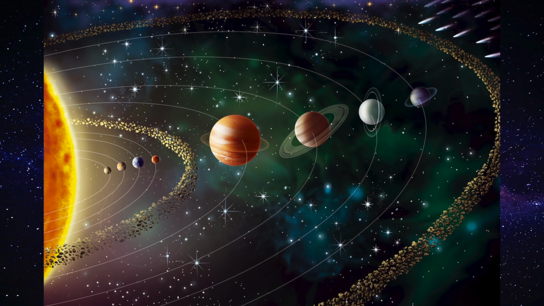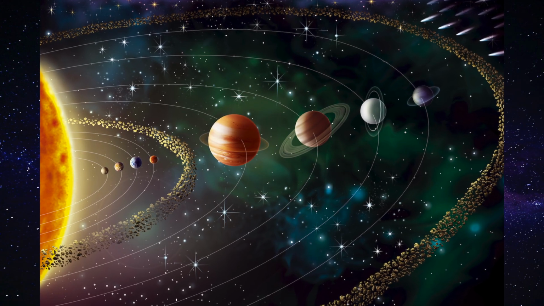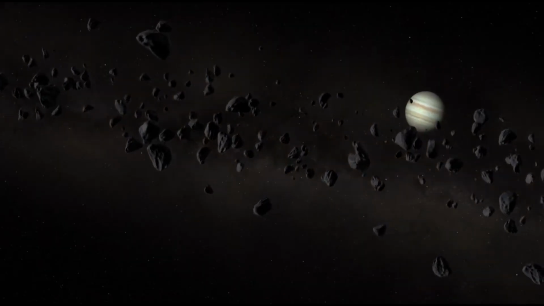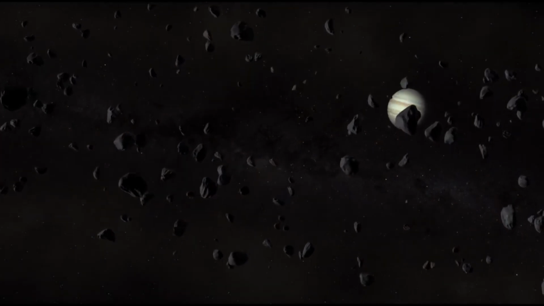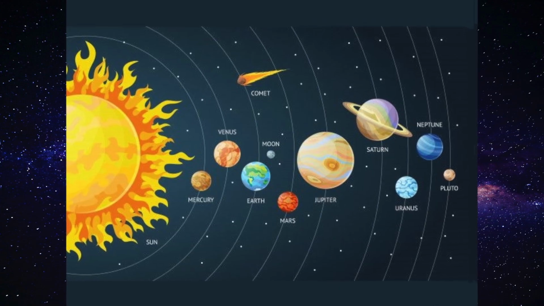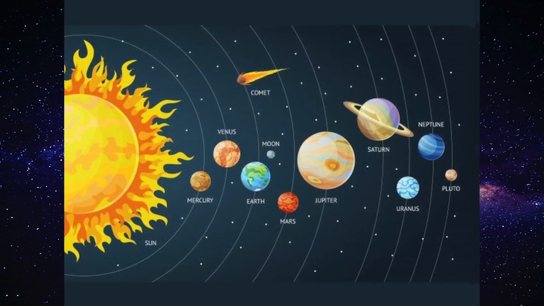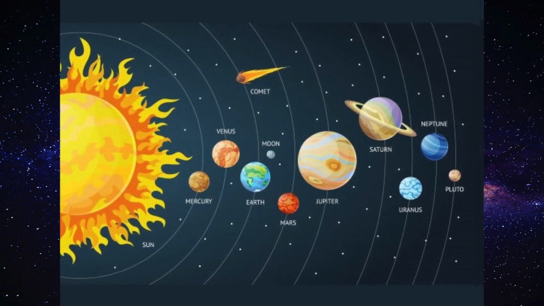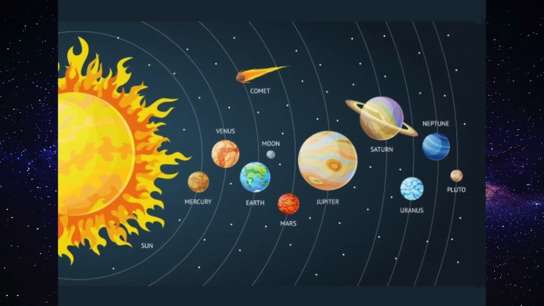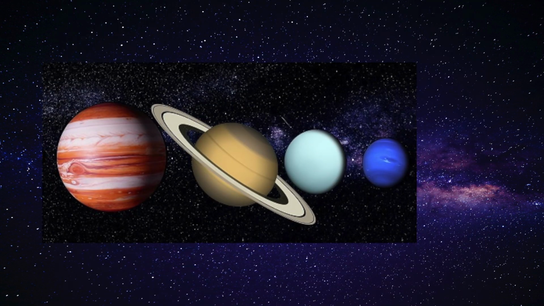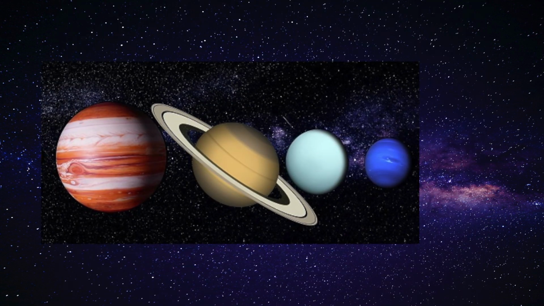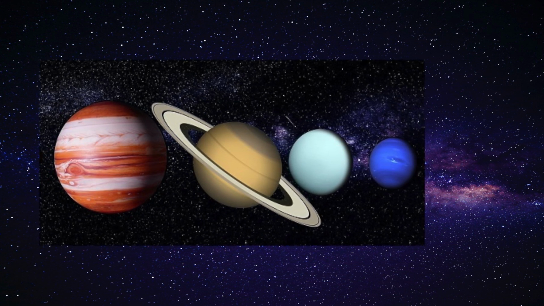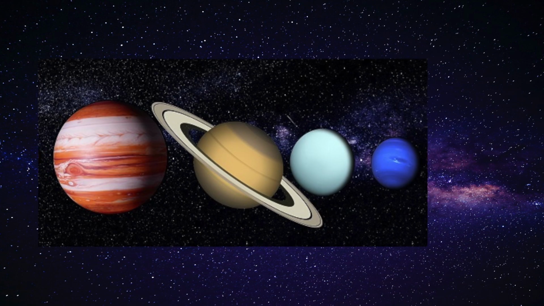Our solar system consists of the Sun, which is a star, and 8 planets and their satellites, asteroids and comets. Out of these 8 planets, Mercury, Venus, Earth and Mars are called inner planets or the terrestrial planets, whereas Jupiter, Saturn, Uranus and Neptune are called outer, Jovian or gas planets.